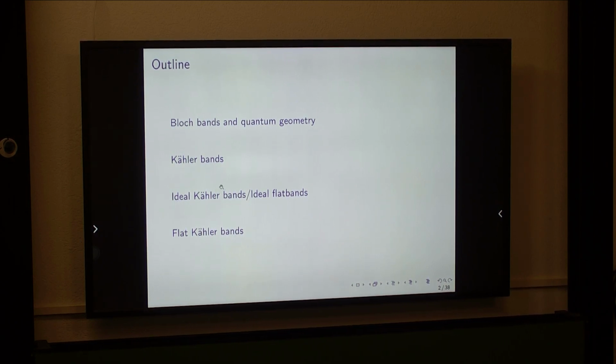And then I will particularize even further to the case of flat Kähler bands. So this notion of Kählericity seems to find a lot of interest recently, because of problems related to the stabilization of fractional Hall phases in lattices.